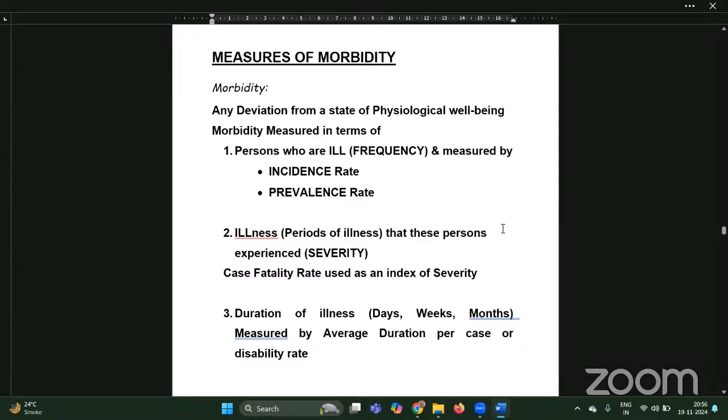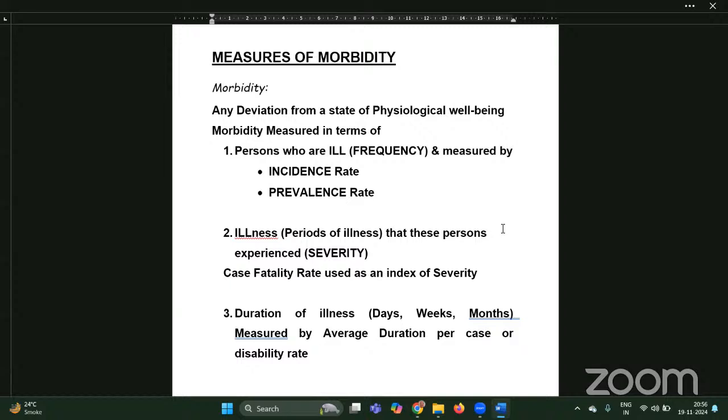This is something about measurement of morbidity and mortality, right? In morbidity, you have incidence rate. That means how many people get affected within 1 year. But when you consider incidence, it is out of the population at risk. When you get prevalence, it is out of the total population. That is the difference between these two, right?